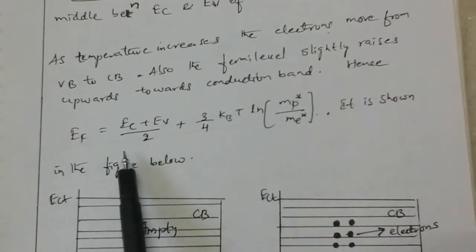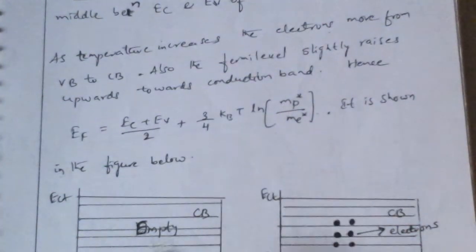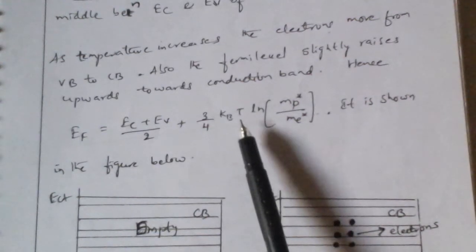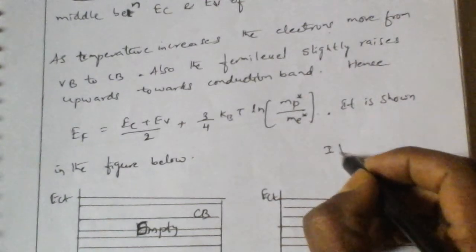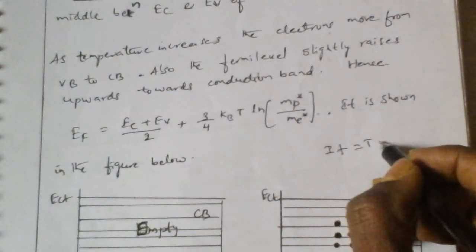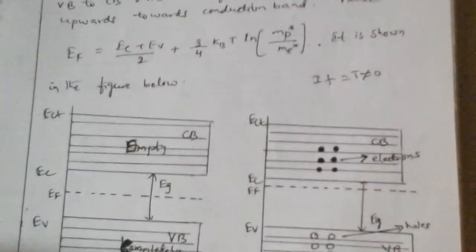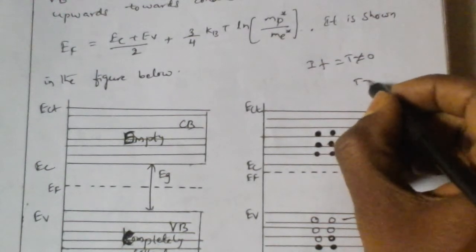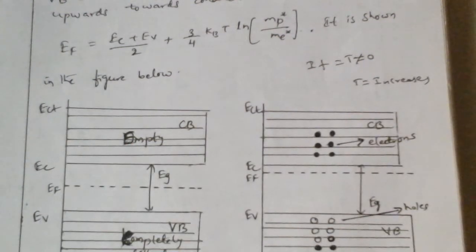But according to this equation, the EF value we just got, if T is not equal to 0, at that condition, what happens? As temperature increases, as T increases, what happens?